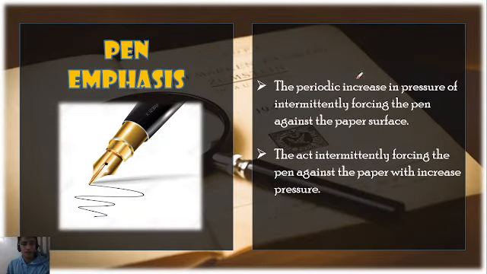So when we say pen emphasis, this is the periodic increase in pressure of intermittently forcing the pen against the paper surface. So iba po ang pen pressure sa pen emphasis. So pag sinabi pong pen emphasis, this is the act of intermittently forcing the pen against the paper with increased pressure.